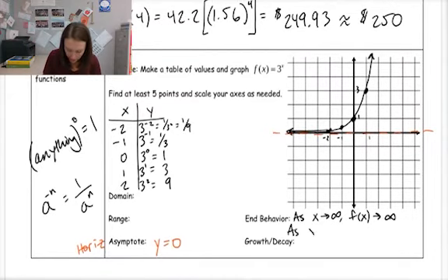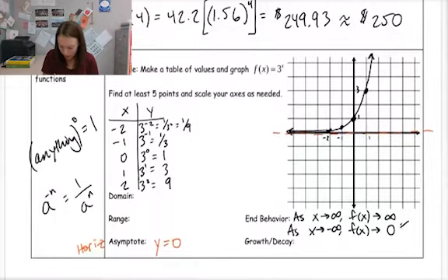But as x approaches negative infinity, as we go to the left, which way are the y values going? They're going closer and closer to 0. That is connected to our horizontal asymptote. The horizontal asymptote tells us where the ends of the graph are going, sometimes both ends, sometimes only one end.